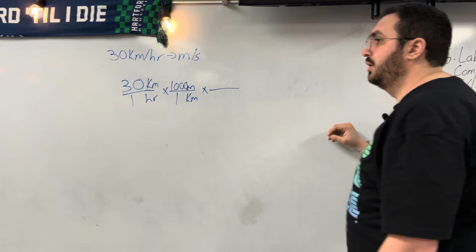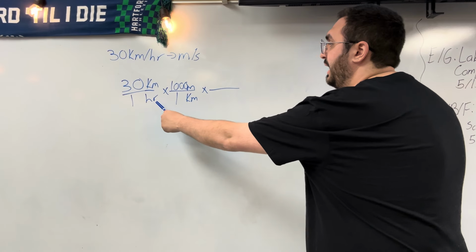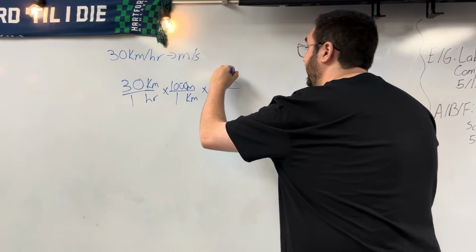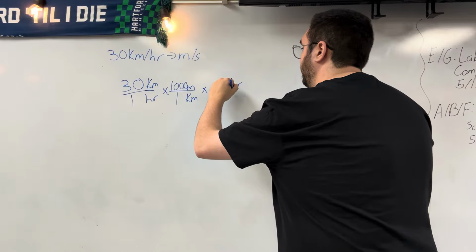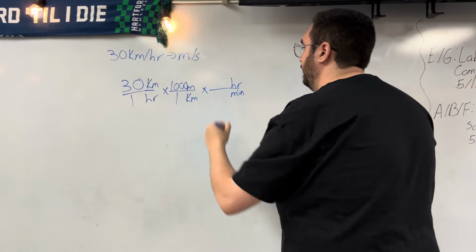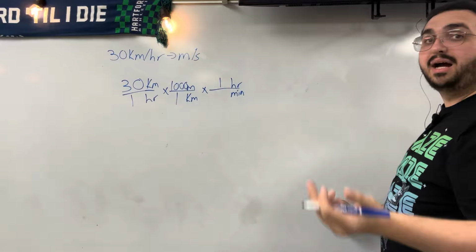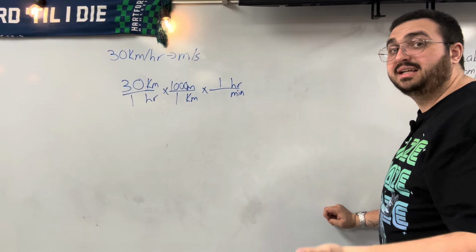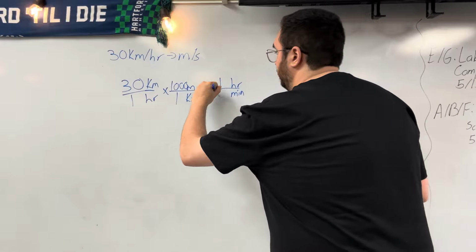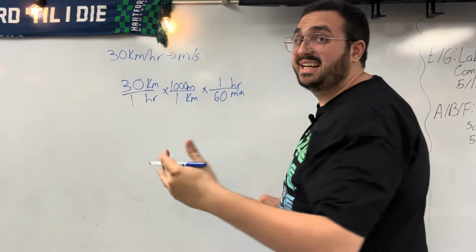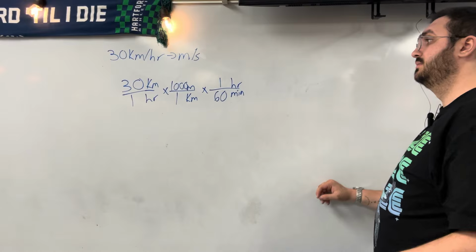Hours are currently on bottom. I want them to be on the opposite side, so in this case, they go on top. Minutes go on bottom. Bigger unit gets to 1. Hours are bigger than minutes. And just from common sense, I know that there are 60 minutes in an hour. Okay? Hopefully you would know that from, say, kindergarten or whatever you're learning at nowadays.